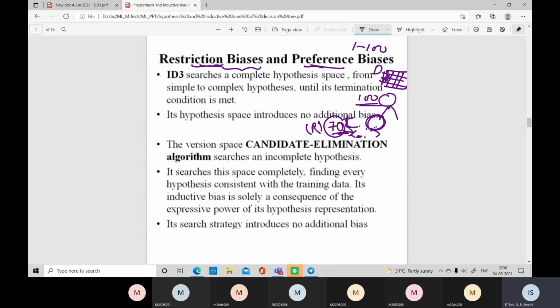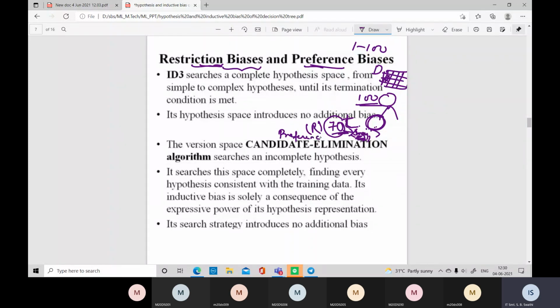Like, if the enjoy sport data set is there, I may fix that the first attribute should be sunny only. Here there are three types of values for the first attribute: sunny, rainy, and warm. In that I want to take only the instances which start with sunny, so that will become our preference.